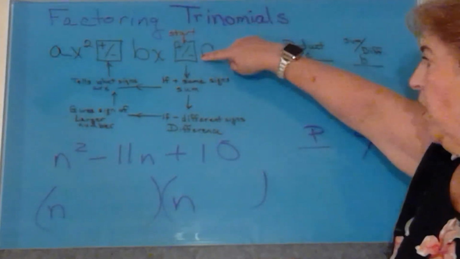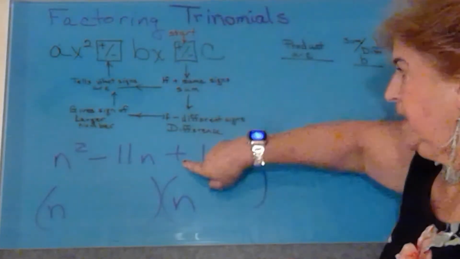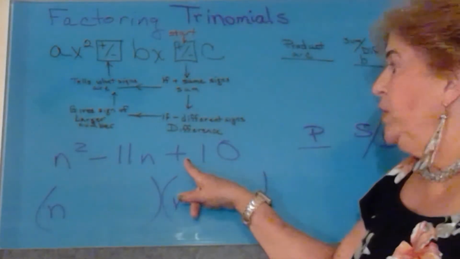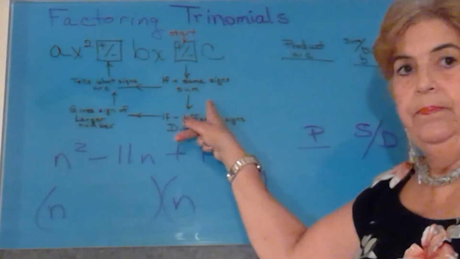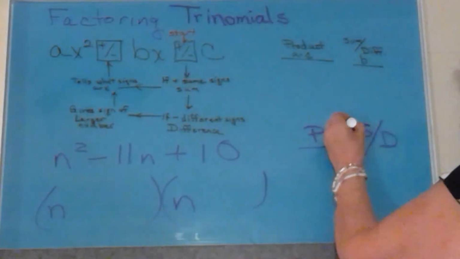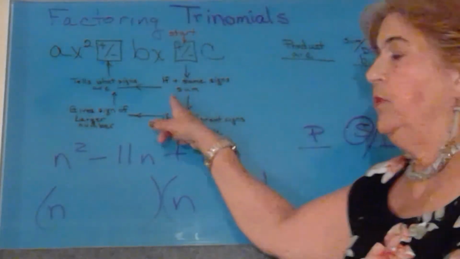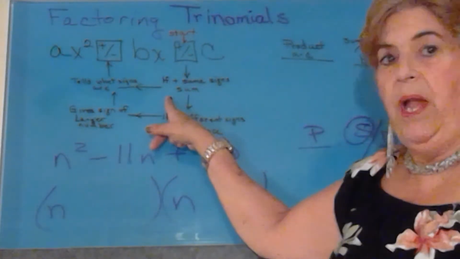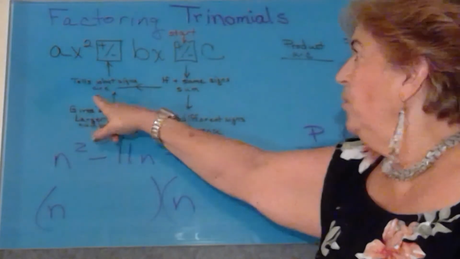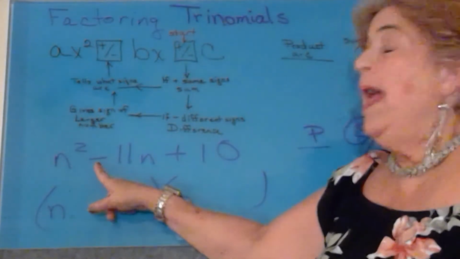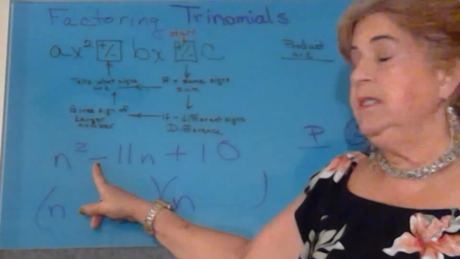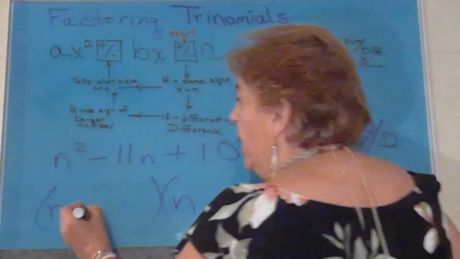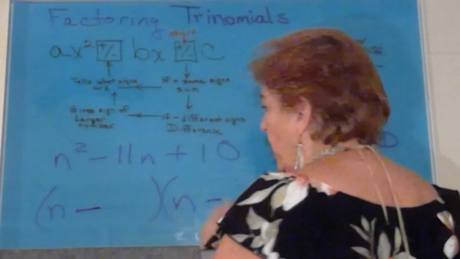Now, if we start here, that sign is a plus, which tells me that these signs are going to be the same. And it also tells me that I'm going to be looking for a sum. So I know that right away. Now I come over to the first sign, and that's a negative this time. So if the signs are going to be the same, and I have a negative here, that means I'm going to have two negative signs.